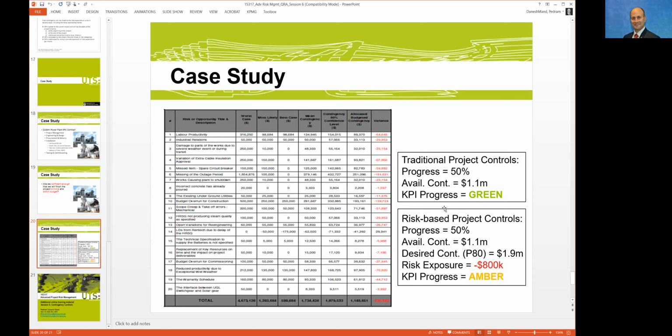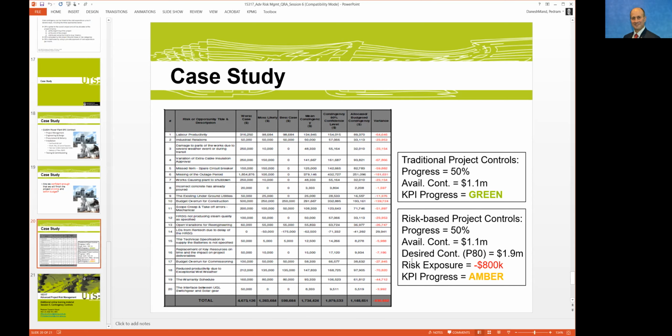And the KPI on progress, because we have done the progress and we have contingency available, you get the green, right? However, the way we approach it from a risk perspective, exactly the same scenario: the progress is 50% and the available contingency is 1.1.